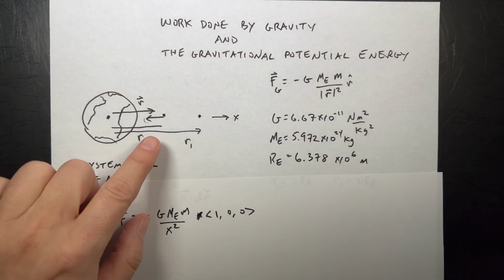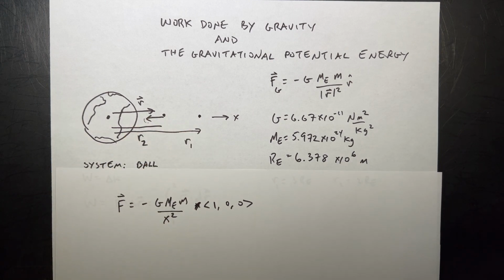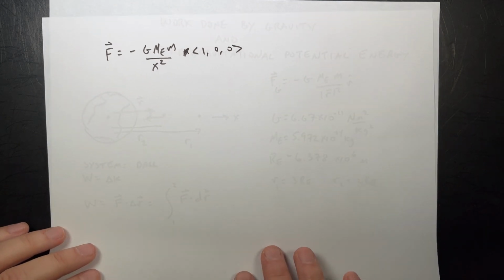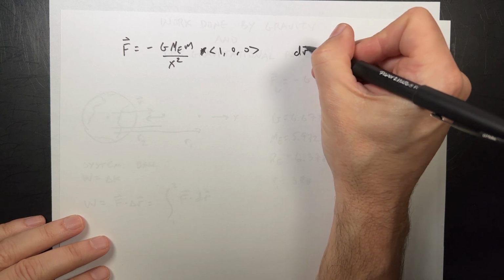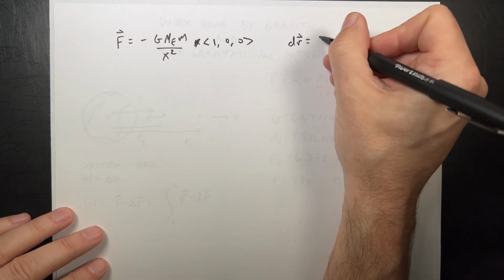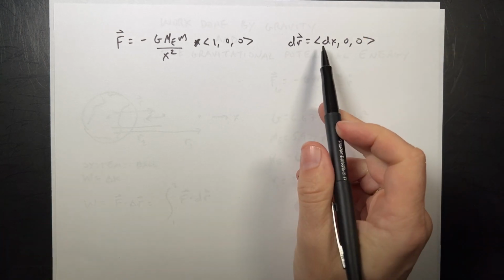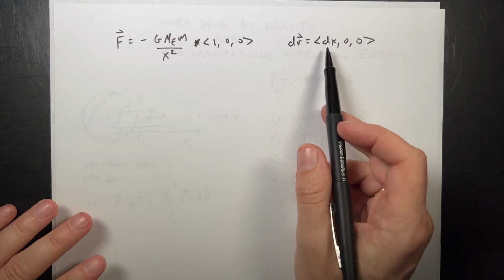And so if I'm going along the x-axis, this would work. This isn't the best form, but this would work in this case. What about dr? Well, if I'm moving in the x direction, dr is going to be a tiny little step, and we're going to write that as (dx, 0, 0). We're moving in the x direction, so my displacement's in the x direction, but just a tiny little bit, dx.